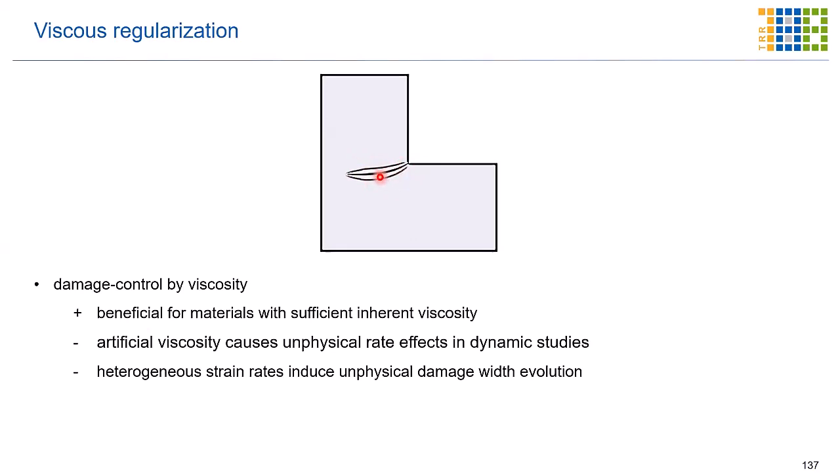But that's not a physical one. That's an artificial setting of this width. And more importantly, we usually have heterogeneous strain rates in our problems, and therefore we have a heterogeneous damage development. So you see that this is not a constant width of the damage zone, and this can be a problem for the viscosity approach.